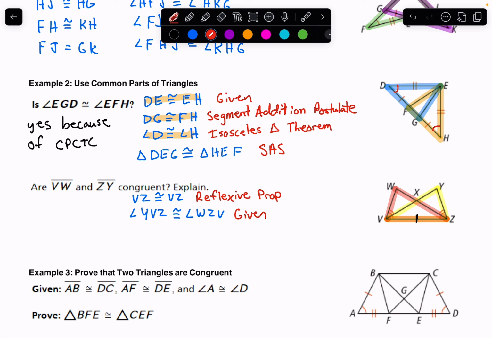And I noticed that there are some other markings on here as well, giving me these other angles. But this angle with 2 arcs, that's outside of the yellow triangle. And it's not a whole entire angle in the red triangle. Same with this one. This is outside the red triangle, and it's not a whole entire angle in the yellow triangle.